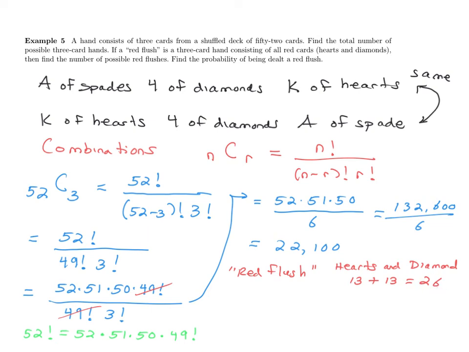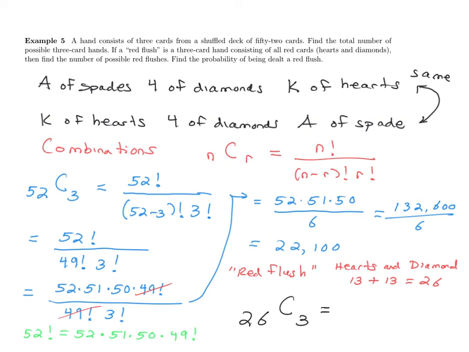You only want to choose from 26 cards, but you're still choosing 3. For this reason, it's not 52 choose 3, it is 26 choose 3. And remember that the order does not matter, which is why we're choosing combinations.